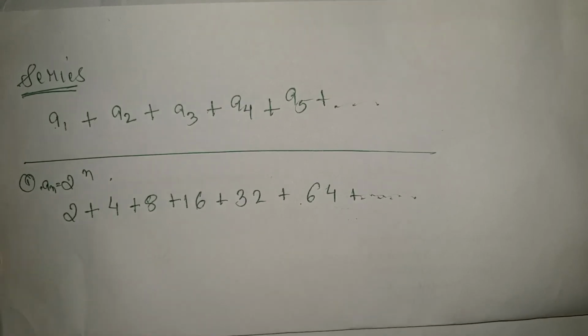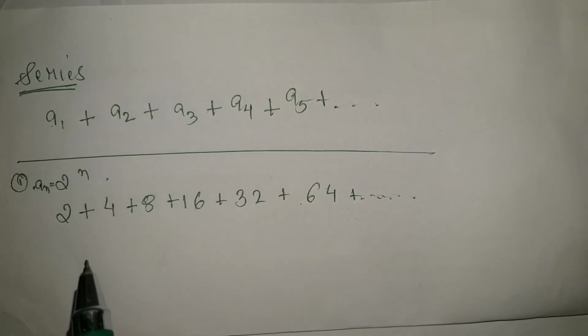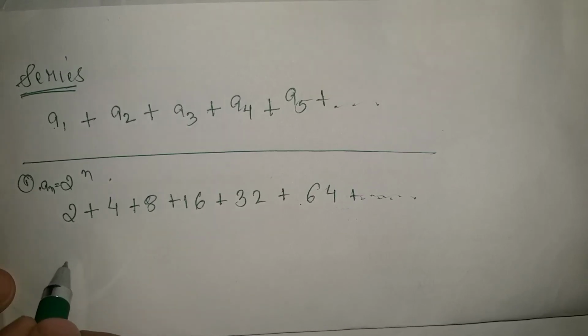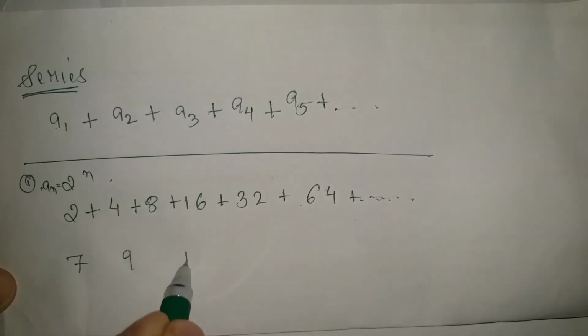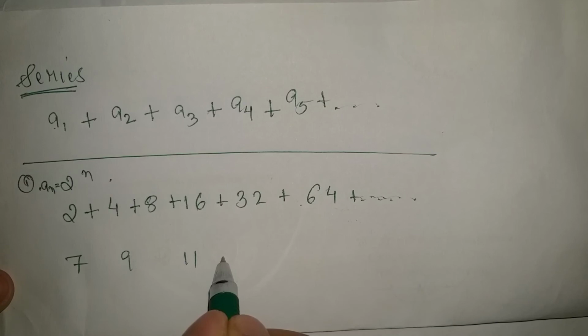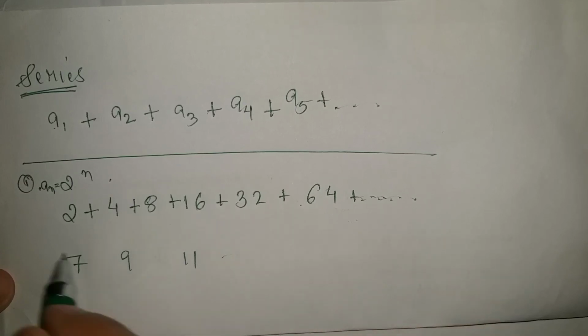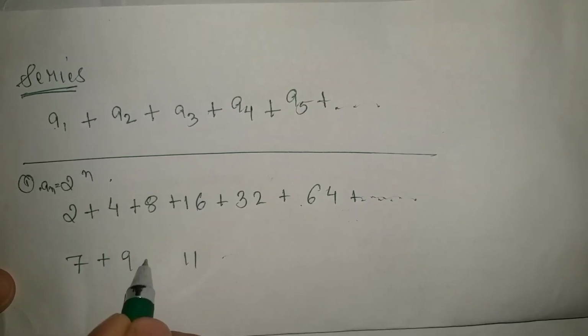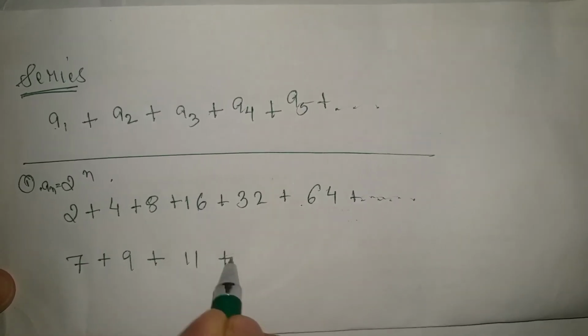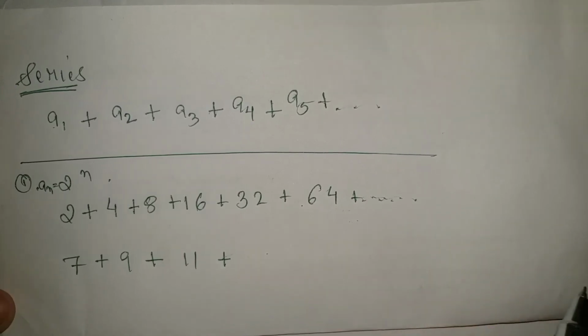Suppose from my second example, where I get the first three terms as 7, 9, 11, then here comes the fourth term, fifth term, sixth term, and so on. Then my series will be 7 plus 9 plus 11 plus the next term, and so on.